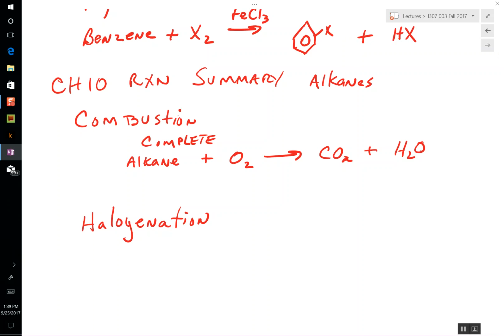Incomplete combustion is very, very similar, except you're producing primarily carbon monoxide instead of carbon dioxide. But this is what we are usually trying to do when we're burning an alkane, is completely burn it. You get the most energy when you completely burn it.